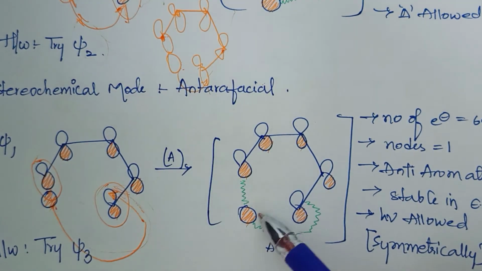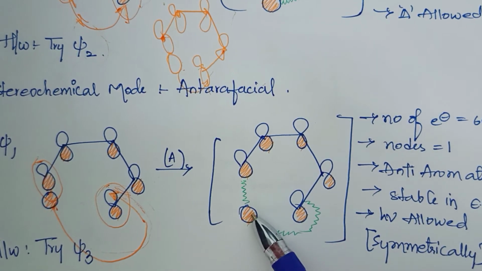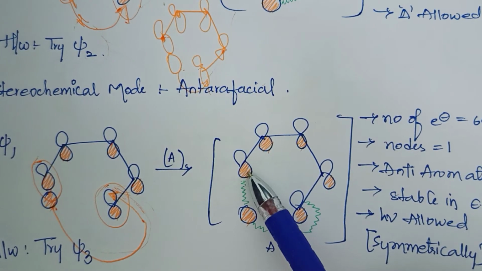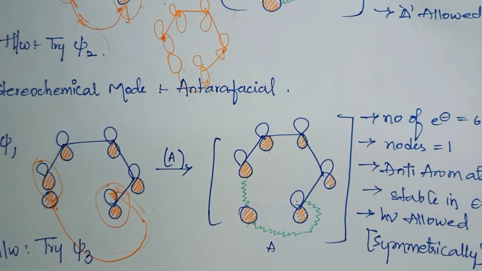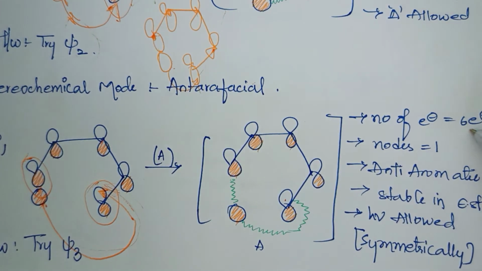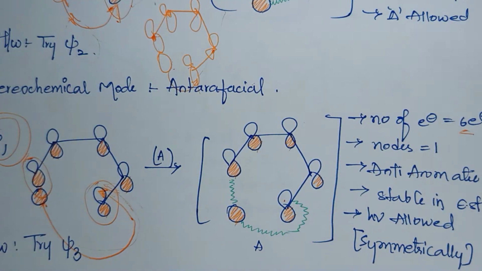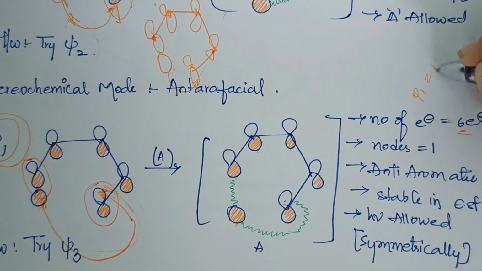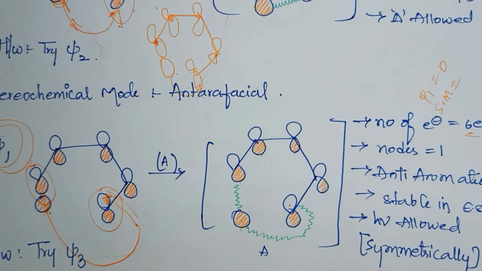Now I am showing its transition state. I have written this hydrogen here. Previously it was attached to the lower lobe, now it is attaching to the upper lobe. Now you count the number of nodes. So number of electrons are 6 pi electrons. What type of system have we taken? xy1. So xy1 will have 0 nodes, and during the stereochemical mode, check whether any nodes are formed.